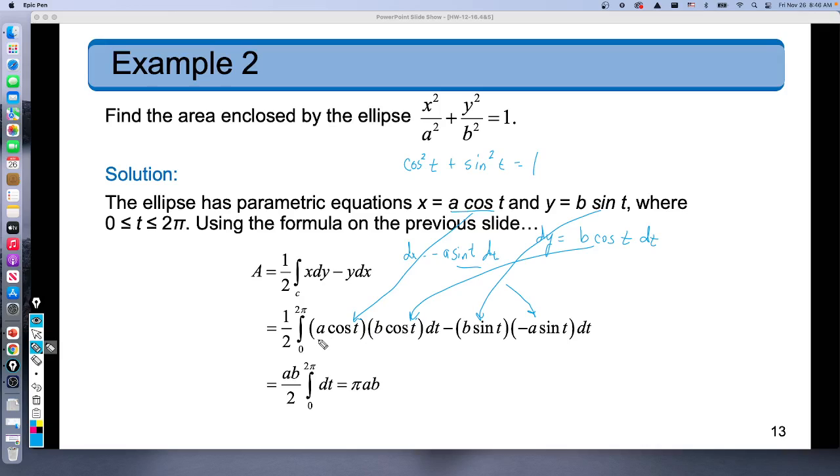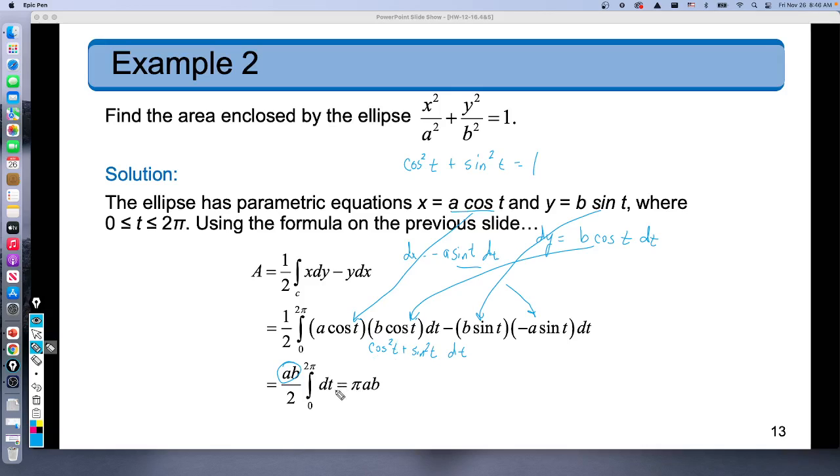When we multiply these, we get a times b, we get cosine squared t dt. We could factor out the dt to the back if you'd like. This one we also get a times b, the negative makes a positive, and you get a sine squared t. Factor the ab to the front because they're constants. The 2 is still out there.